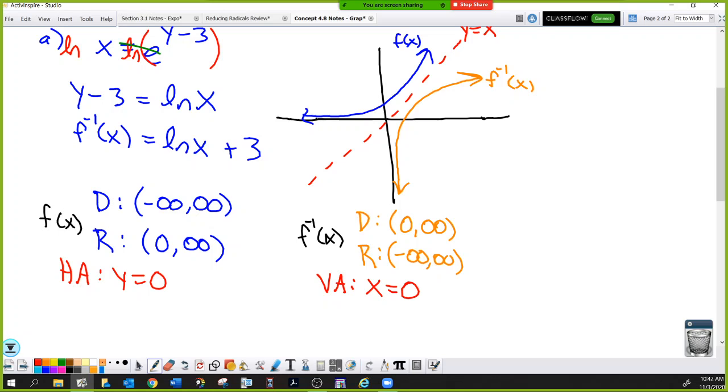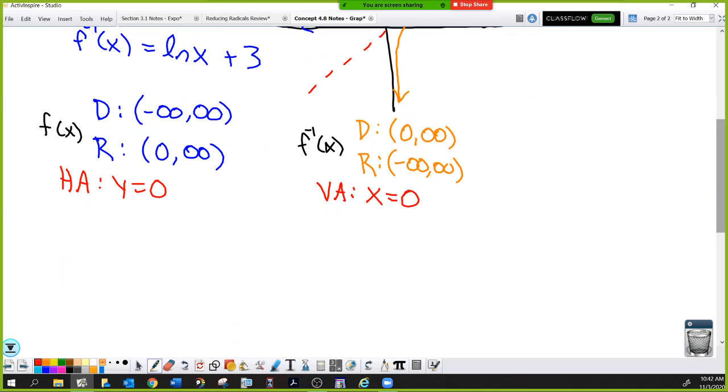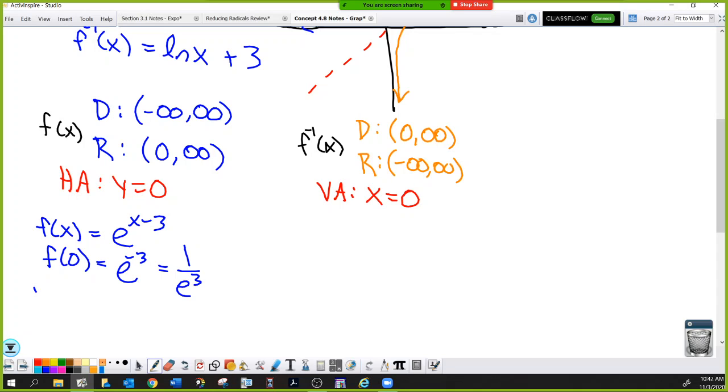Well, it says f of x is e to the x minus 3, right? So let's see what f of 0 is. That's e to the negative 3. That's 1 over e to the third. So you have a y-intercept at 0, 1 over e cubed.